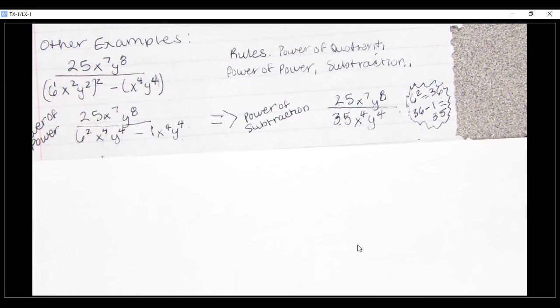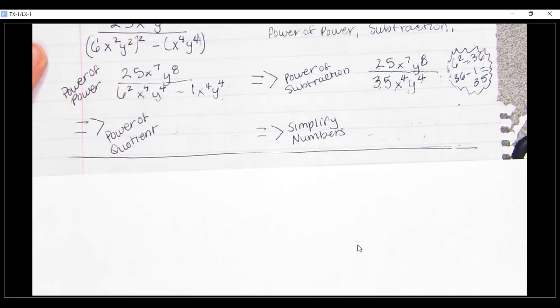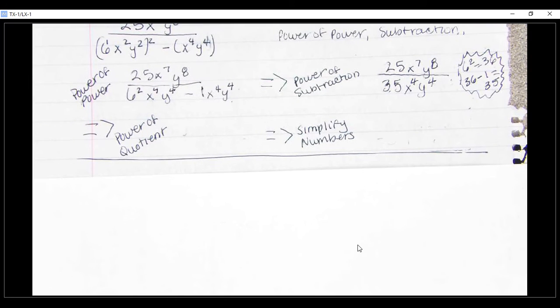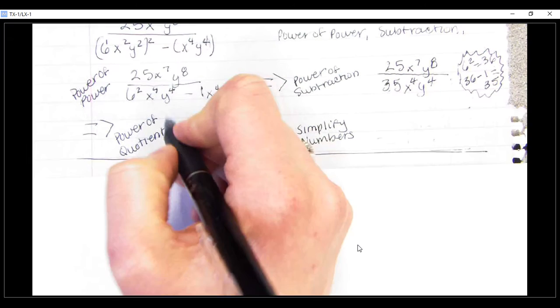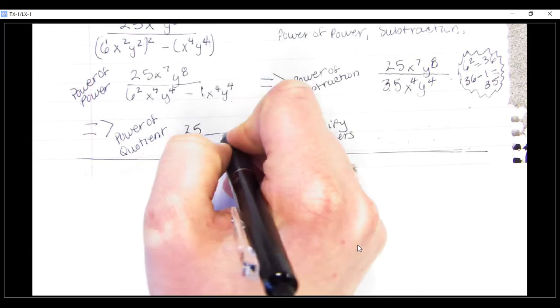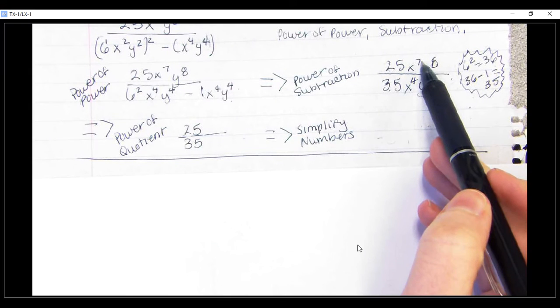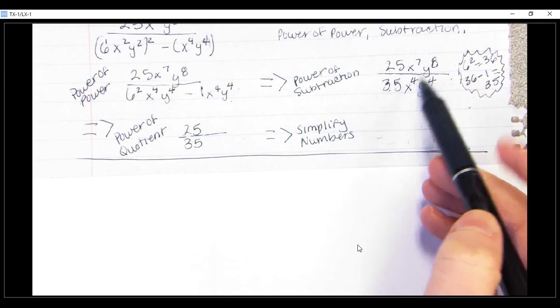Now I'm going to continue on with doing power of quotient, and then always at the end, make sure that you simplify any numbers that you might have. So power of quotient means I'm going to take my same bases and subtract the powers because of that division line. Right now I'm just going to keep the 25 over 35 exactly the way it is. I have 7 minus 4, which is going to be a positive 3.